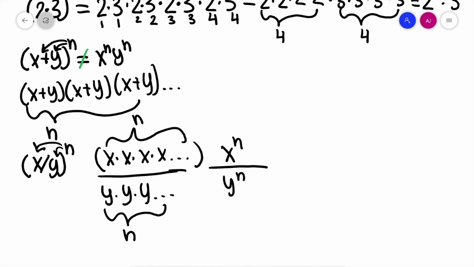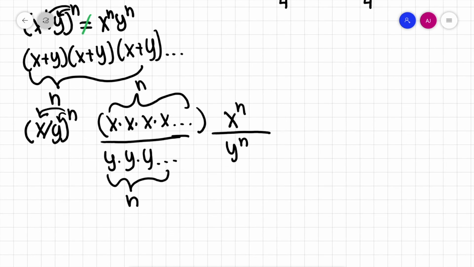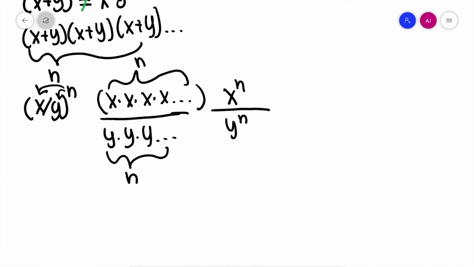Like for example, if you have x plus y in the numerator, and then you have w plus v in the denominator, right? And it's all raised to n. These are in parentheses, right?